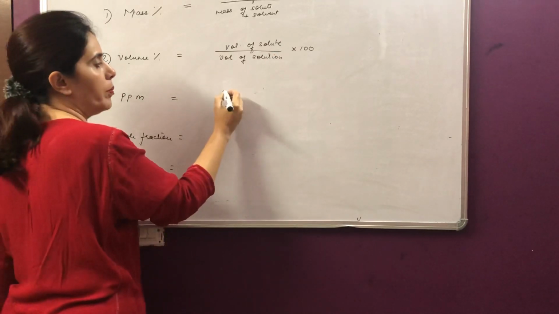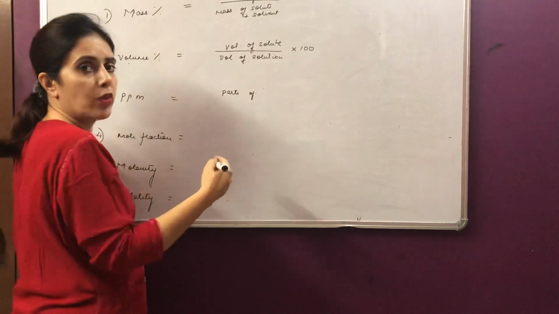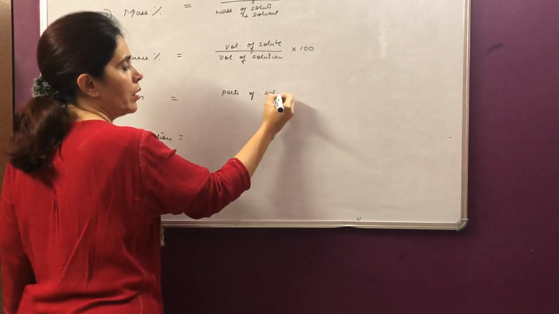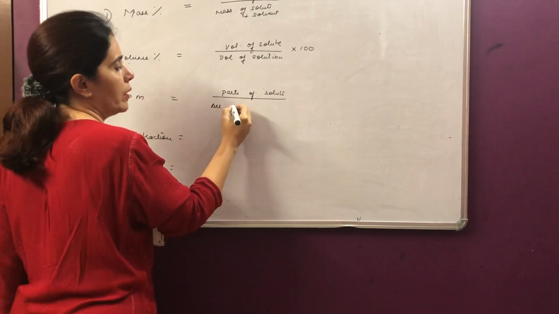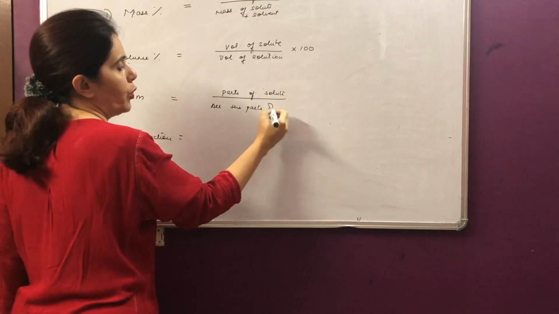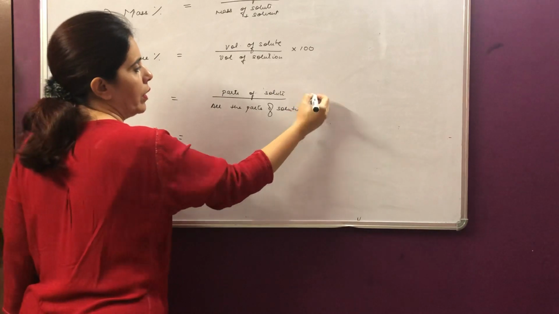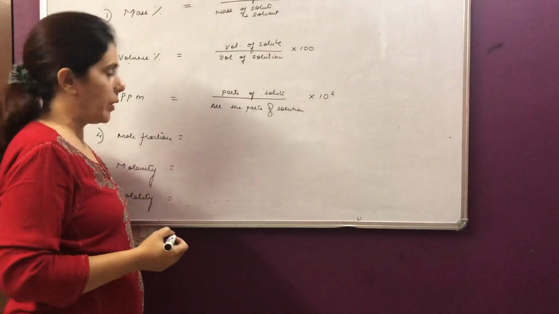Parts per million, parts of a particular solute. We use this to measure the trace quantities. Parts of solute upon all the parts of solution into 10 raised to power 6. So this gives us parts per million.